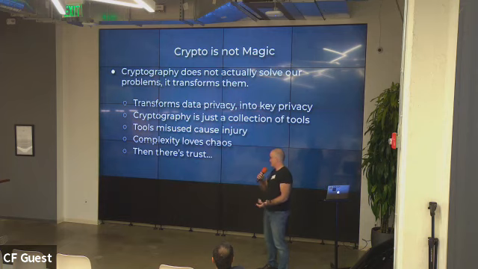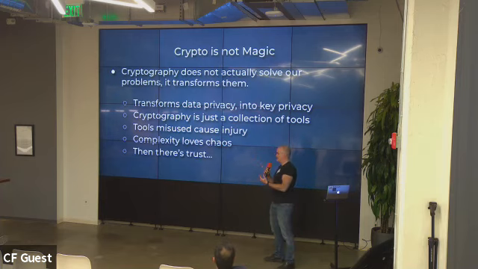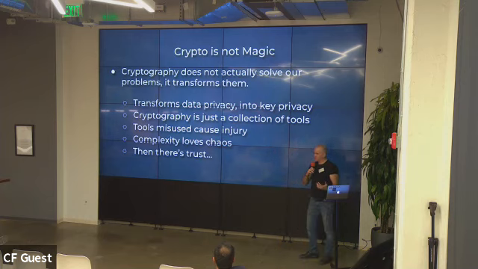When you start using crypto, things get more complicated. Your engineering velocity slows down a little bit, but essentially what's happening is we're transforming problems, because we've all convinced ourselves that it is easier to protect those keys than it is to protect the client data. And that's a true statement, and I believe it, but sometimes we don't give protecting those keys all of the love that problem really deserves.